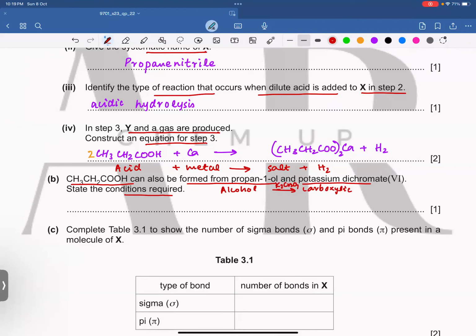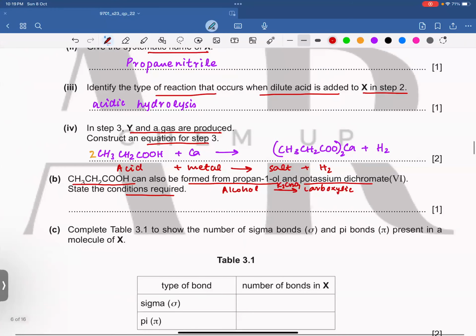State the conditions required. If you recall, this reaction is an oxidation. And for that oxidation, what conditions are required? We need an acidic medium. We always use potassium dichromate and potassium manganate in acidic medium.